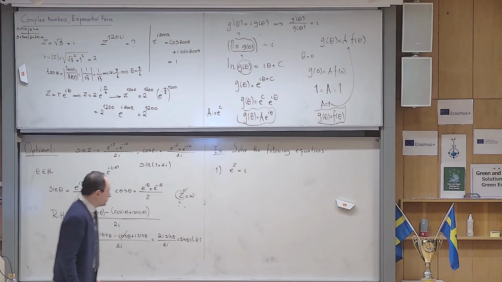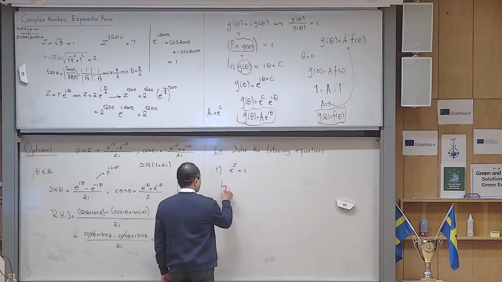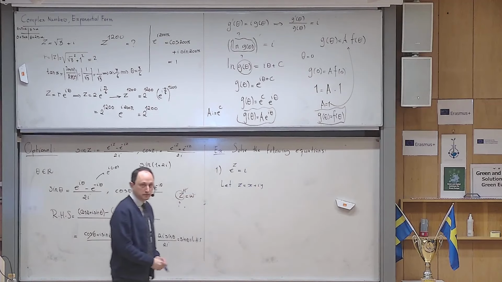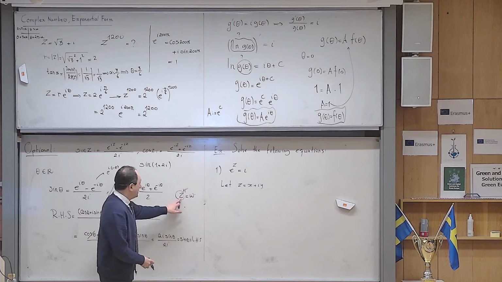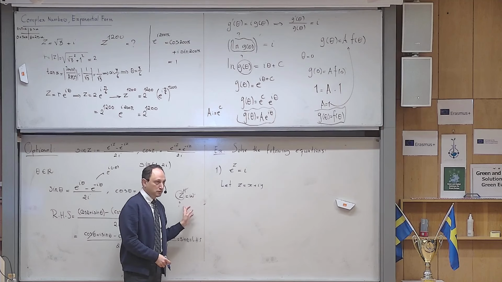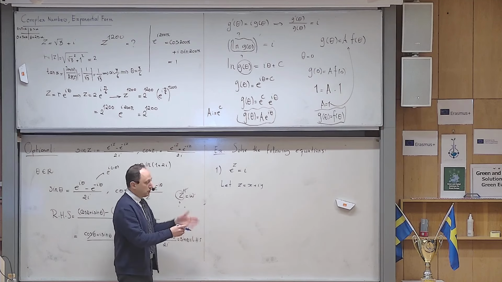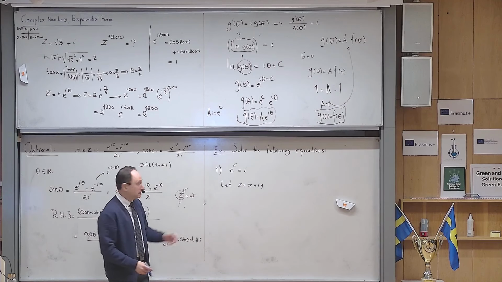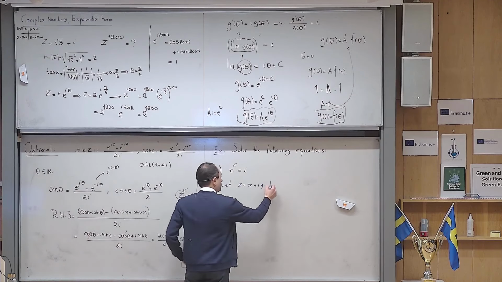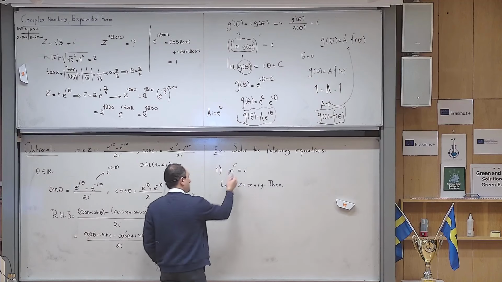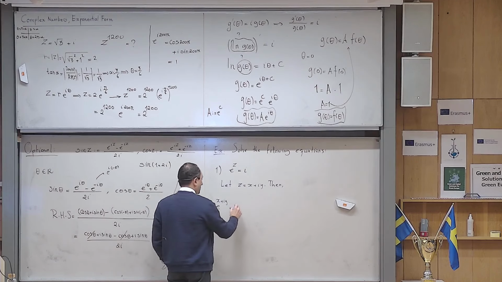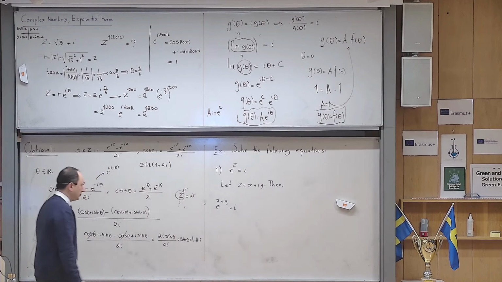Yes, so as usual, you can start with this sentence, let z be equal to x plus iy. You remember here, I didn't start with the standard form. I started with the polar form. I would say let z be equal to r cosine theta plus i r sine theta, but for solving this, I start with the standard form. So then, what can I write? I put it back here, e to the power of x plus iy is equal to i.